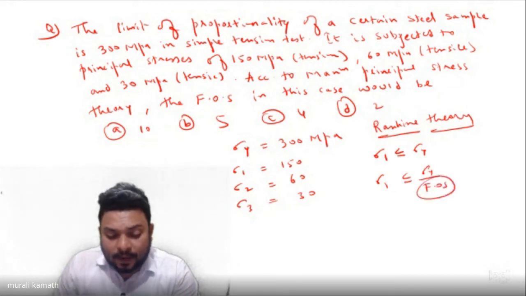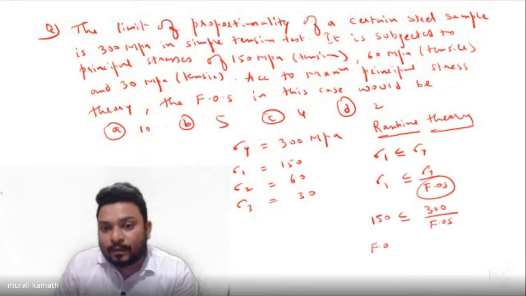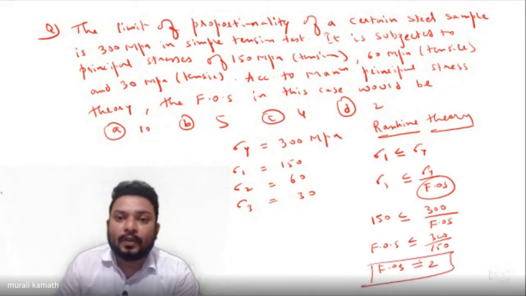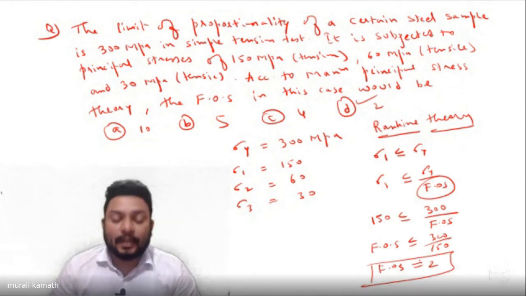They are asking us the factor of safety, and sigma 1 is 150, so that is 300 divided by factor of safety. So factor of safety should be less than or equal to 300 divided by 150. That is, factor of safety is equal to 2. Correct. So your answer is B. Any question? Easy, right?